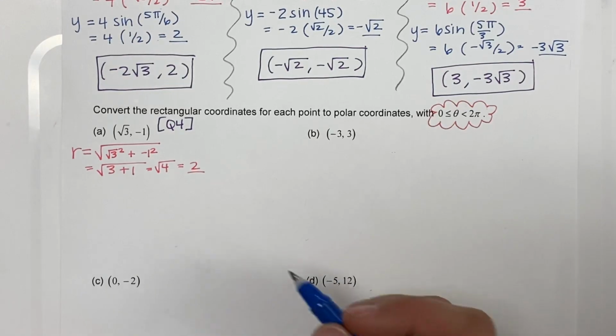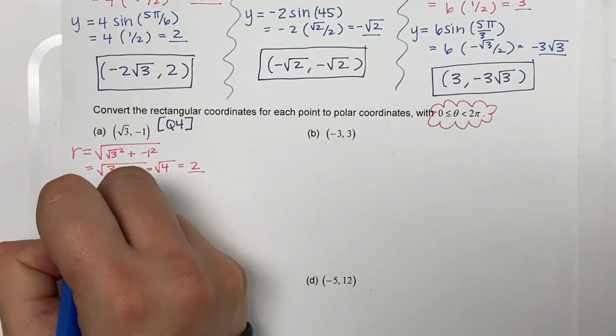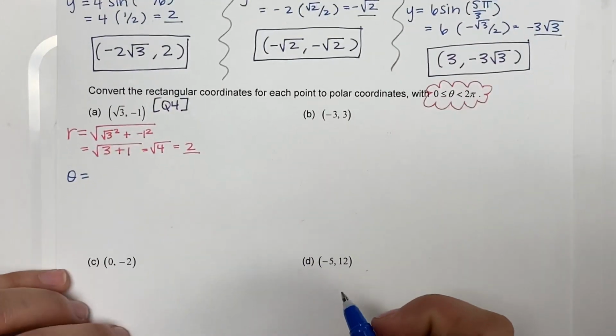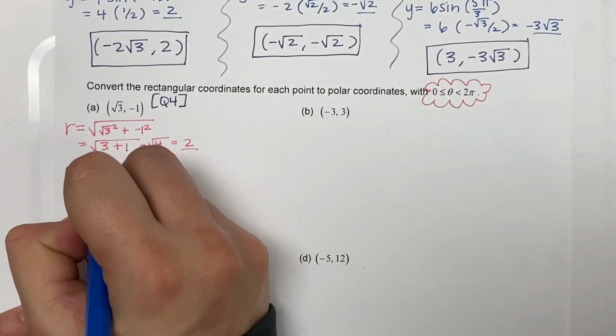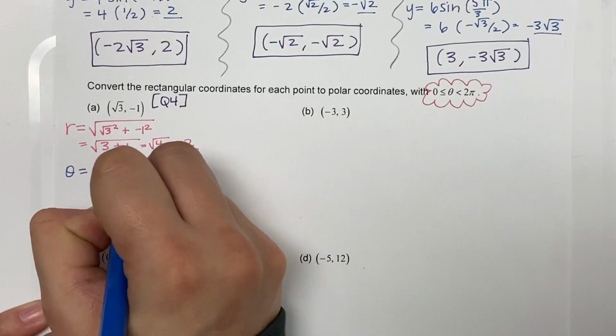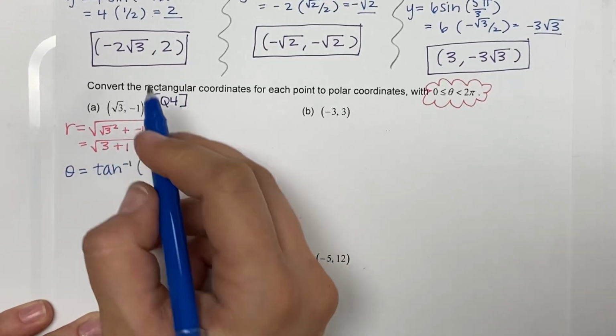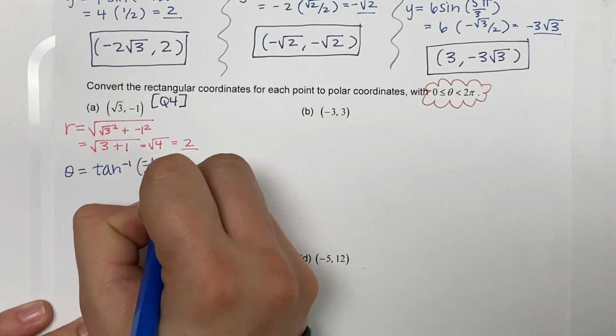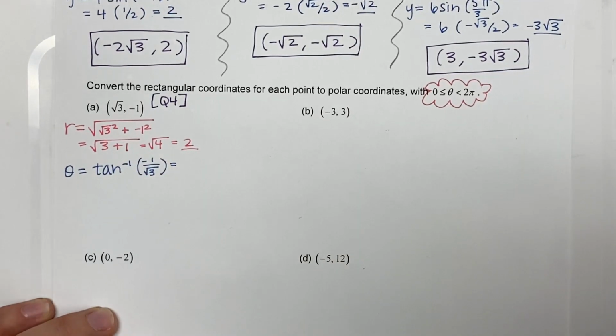Let's do theta now. So I'm taking the tangent inverse of y over x. So tangent inverse negative 1 over root 3. So I'm thinking where in my unit circle is y 1 and x root 3, and it has to be negative.